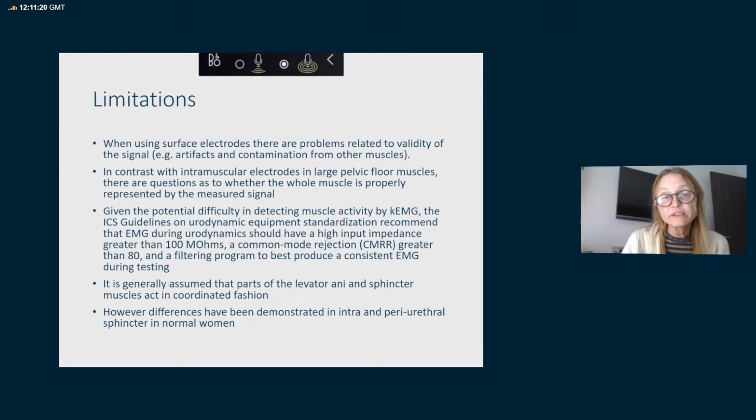The limitations are that when you use a surface electrode, there will be problems related to the validity of the signal, for example movement artifacts or contamination from other pelvic floor muscles. In contrast, with intramuscular electrodes in a large pelvic floor muscle, there are questions as to whether the whole muscle is properly represented by the measured signal when you use a needle EMG.